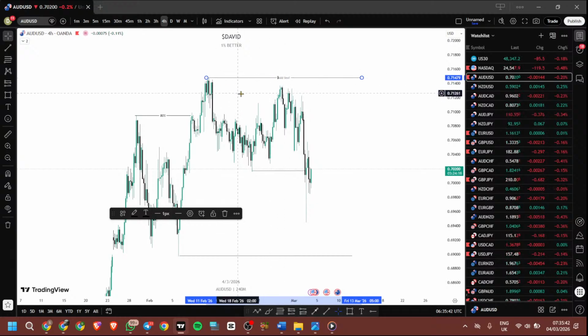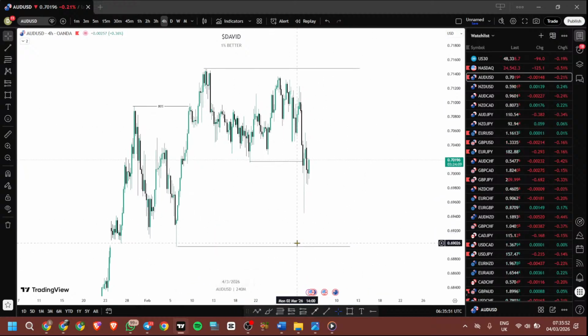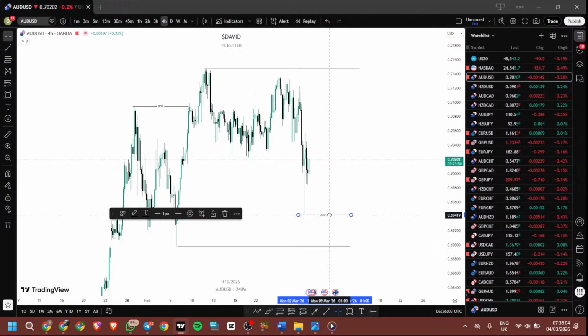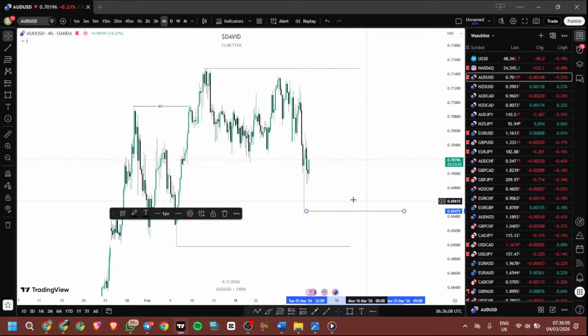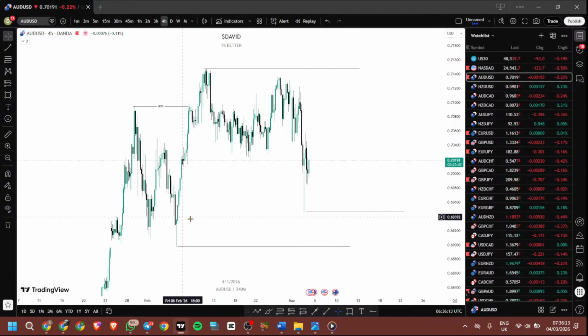So price can still stay within all this range, everything here on the higher time frame, right? Stay within every single zone here as long as it doesn't push through this zone. As soon as price pushes through this zone and makes a high, we're going to use this as a protected low, saying okay, we don't want to see price in this zone again, but price has not made that high.